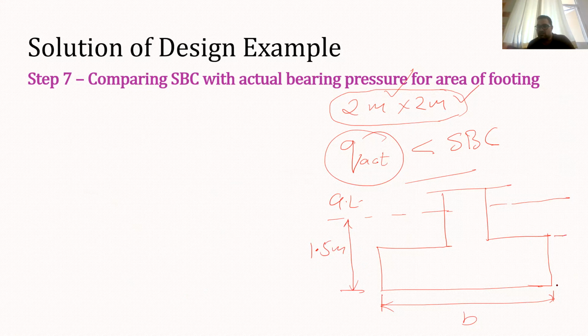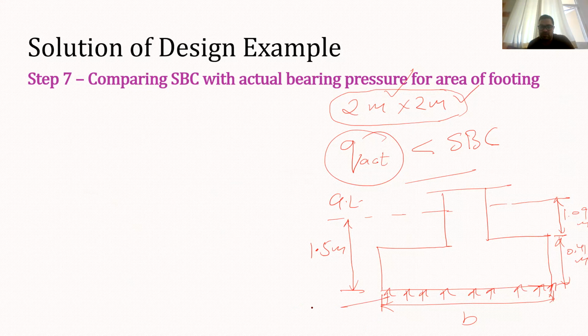And this is the thickness of the foundation, which we have just calculated, which is 0.41 meter. And the remaining height, this one, will be 1.5 minus 0.41, which will be 1.09 meter.